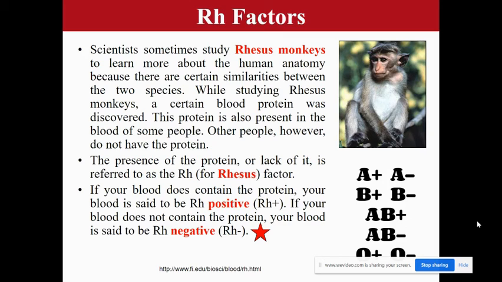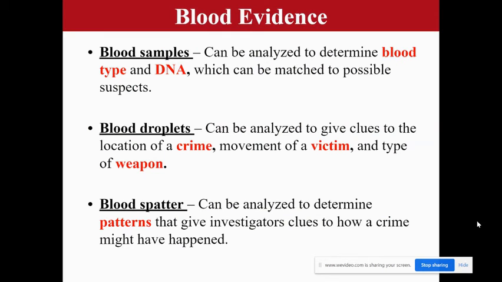Now, some other really cool things with blood: when we think about how blood can be used in forensic science or crimes, there are different ways that you can use blood evidence. There are blood samples, which can be analyzed to determine the blood type and even the DNA, which can be matched to possible suspects or victims to confirm that it was that person.